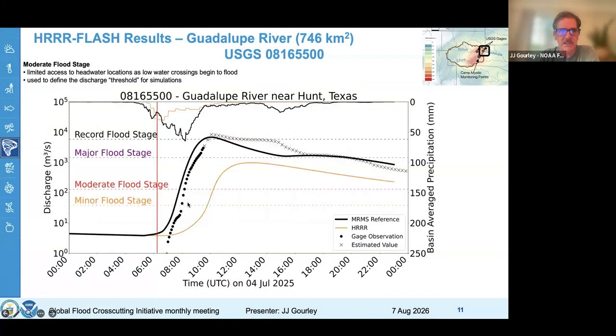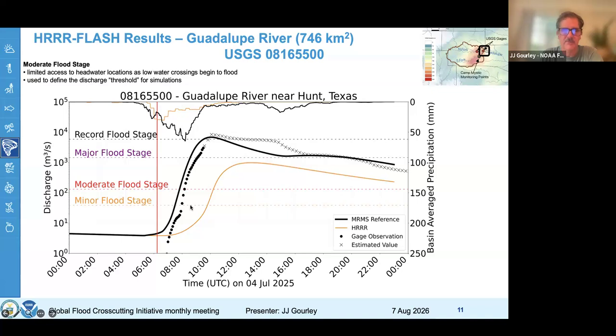You can see some indication of the higher streamflow amounts early on, and then it kind of loses it here, which is strange. Then it finally comes back, but I don't give it much credit past 6, 7 UTC, because now it's getting observed rainfall going into the simulation. So by definition it should converge to that black curve eventually. So that's the HRRR.